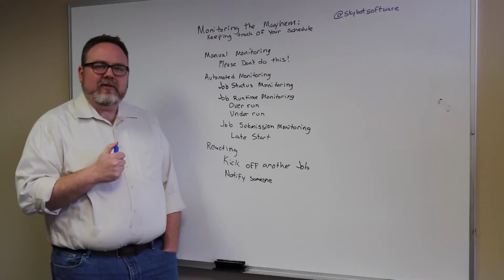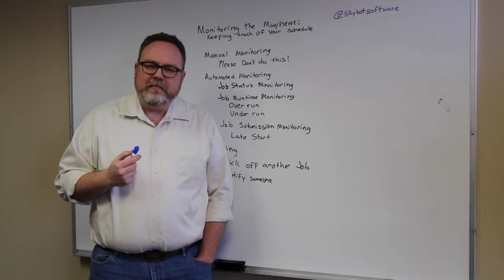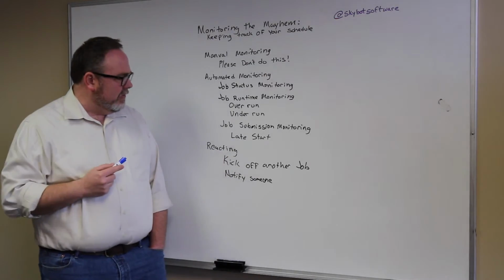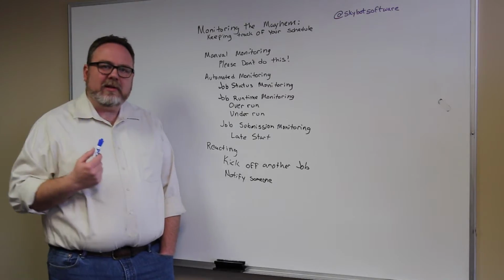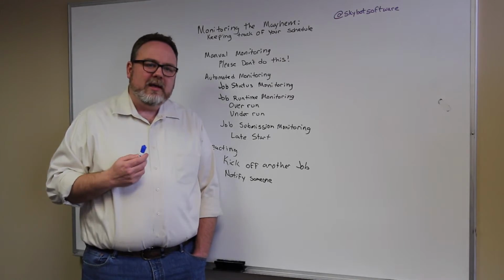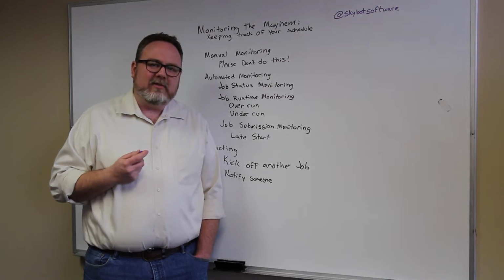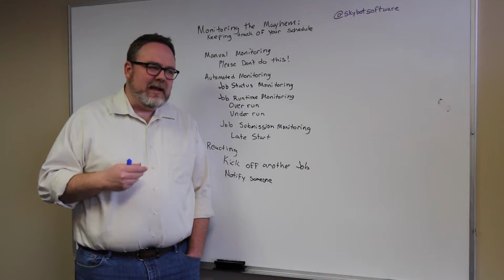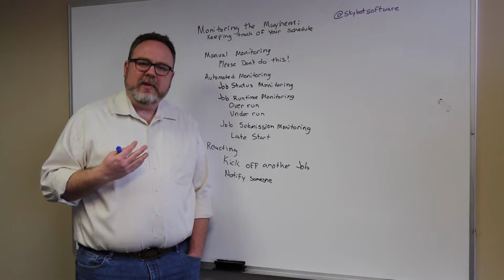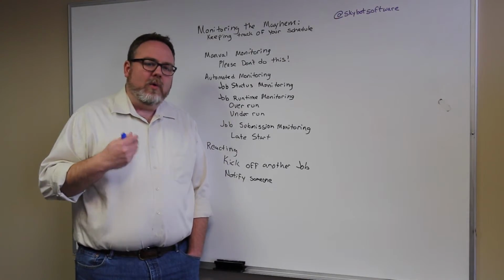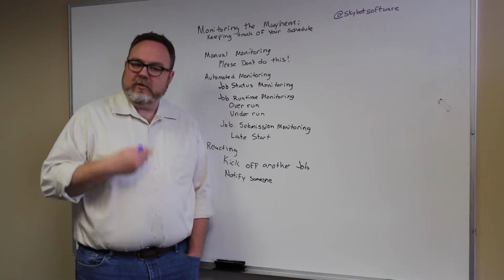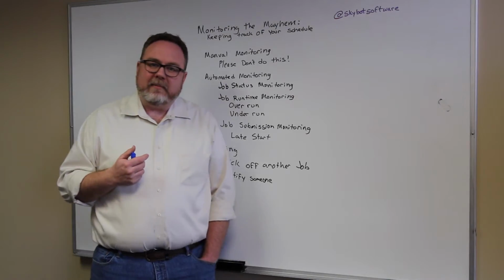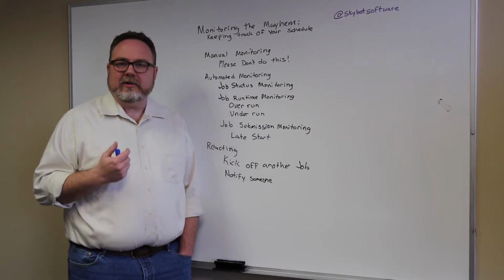So the third part of this is, what do you do in reaction? Well, there's two things we've got on here. The first one is to kick off another job. So in reaction to some of these events, you might want to kick off another job that will, in essence, either clean up the problem and restart your job, or do some sort of third-party notification that perhaps your scheduler doesn't handle.